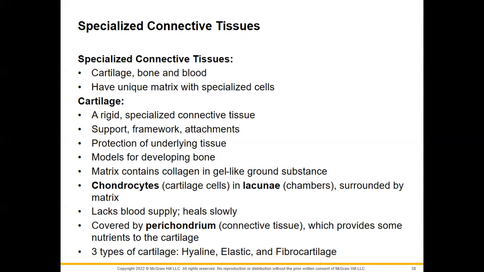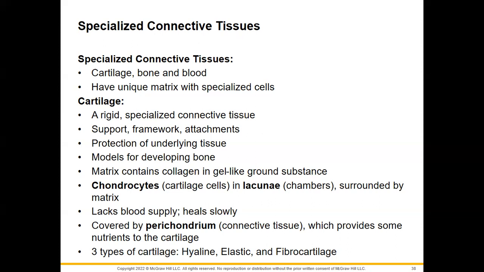This tissue is also covered by a perichondrium, peri meaning around, chondro meaning cartilage. So this is going to be a connective tissue layer that is surrounding the cartilage. This provides some nutrients to the cartilage because the cartilage is avascular. It heals slowly.